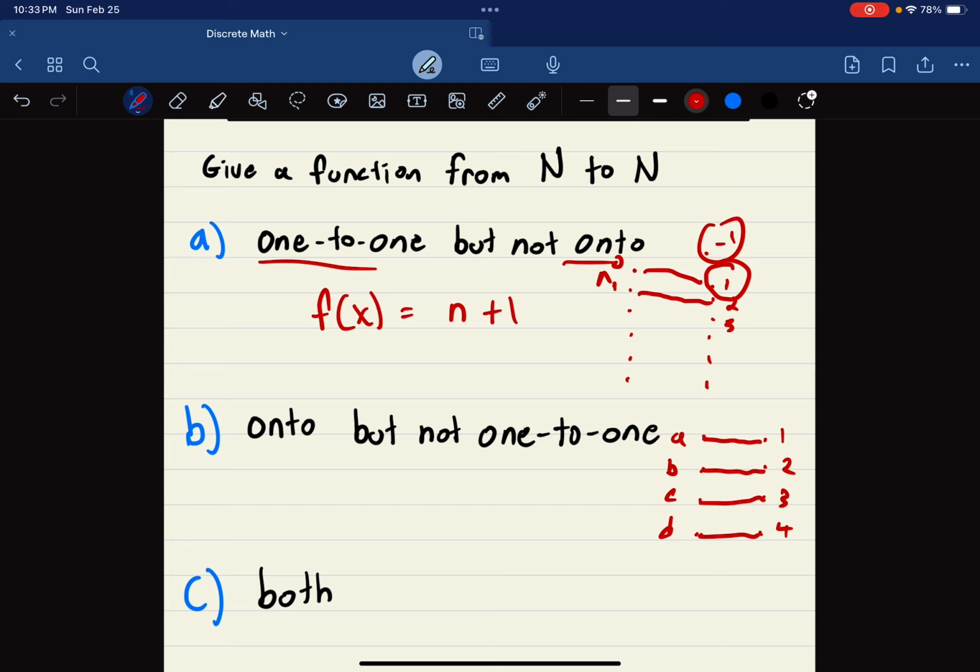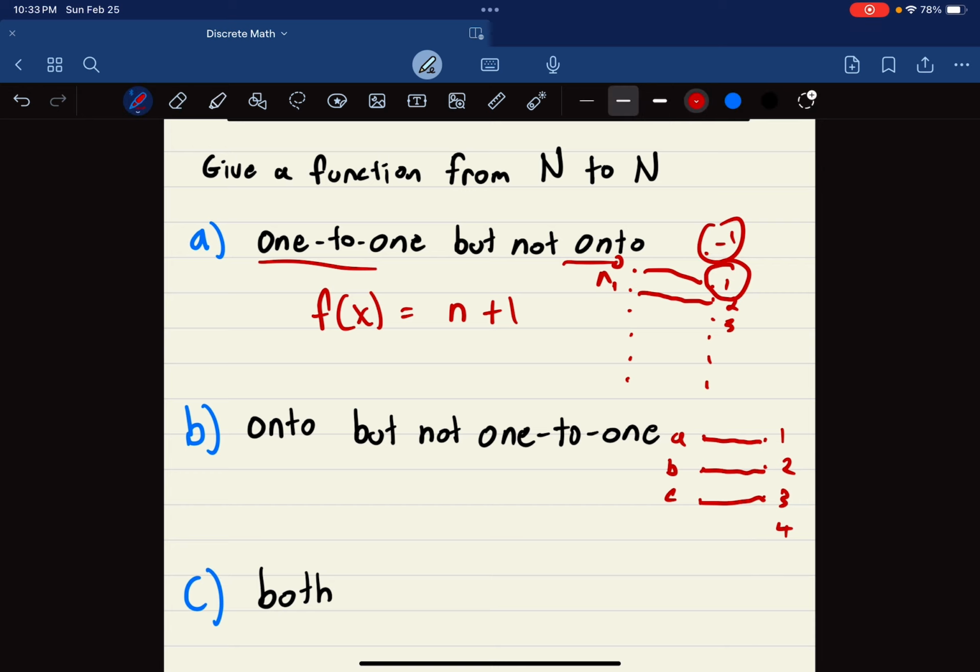Every single one has one thing mapped to it. Let me make this a little different and erase the D right here.